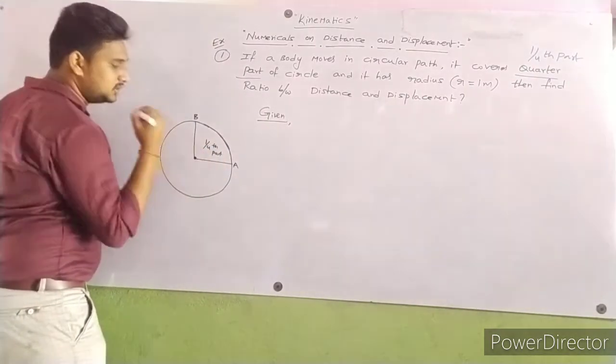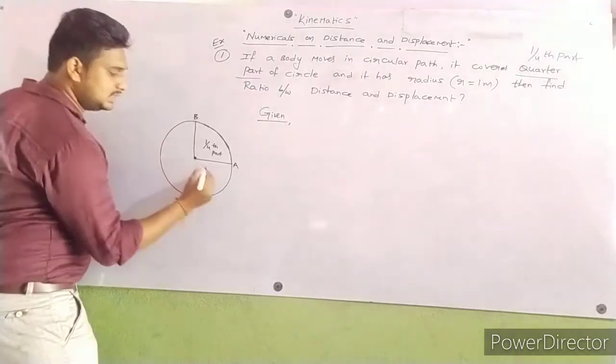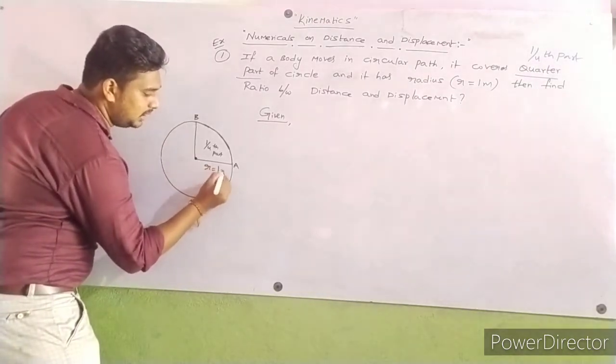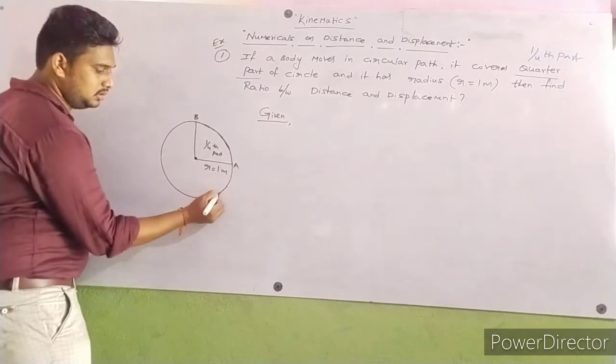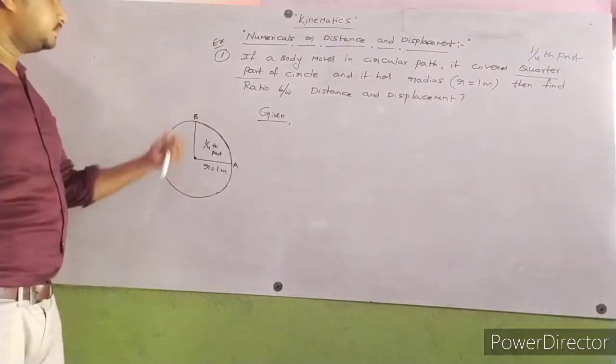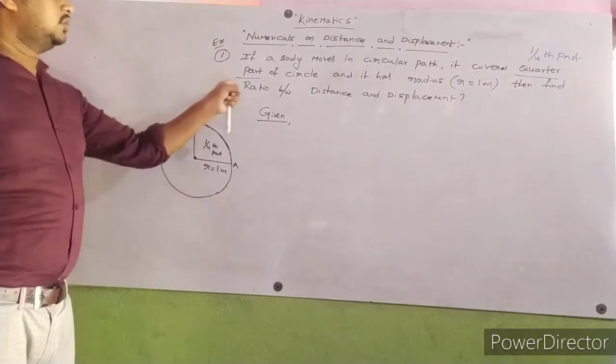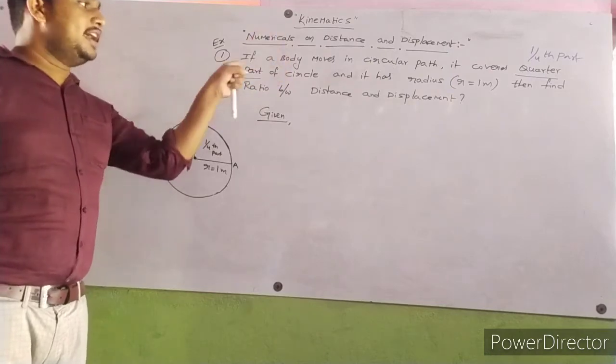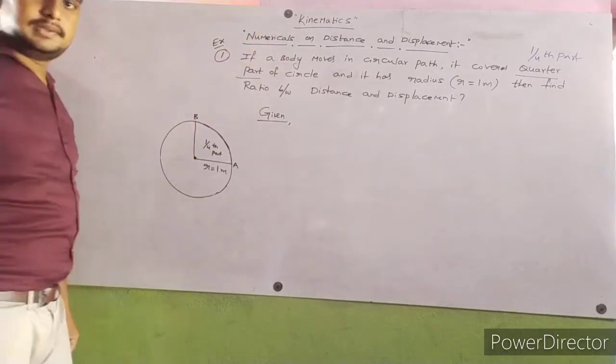So here radius is equal to 1 meter, and we have to find the ratio between distance and displacement.